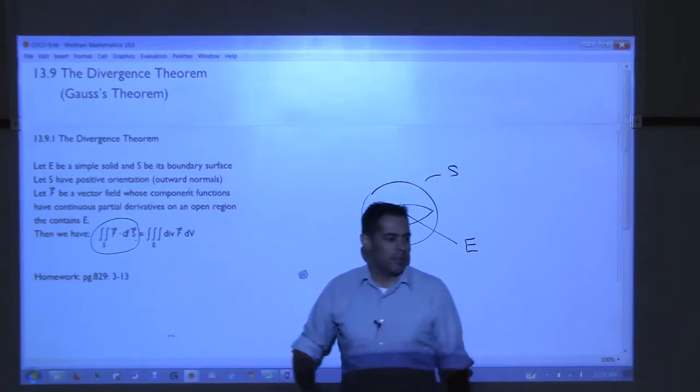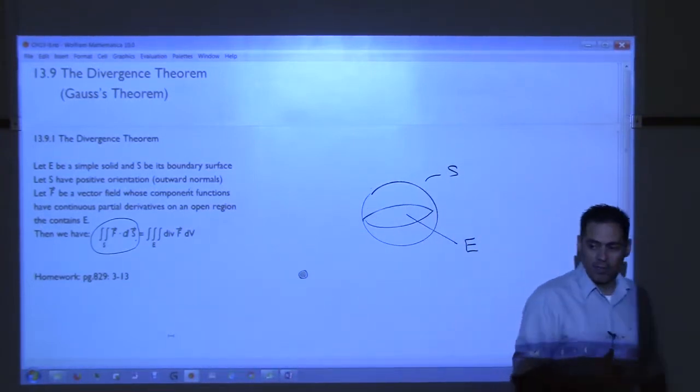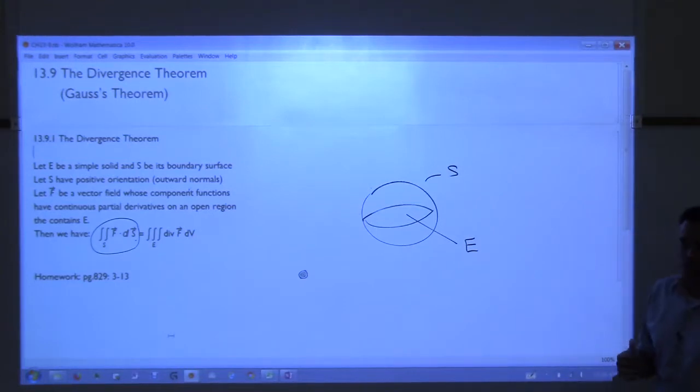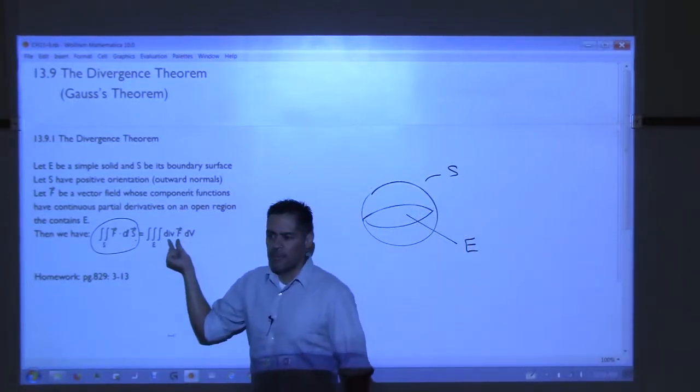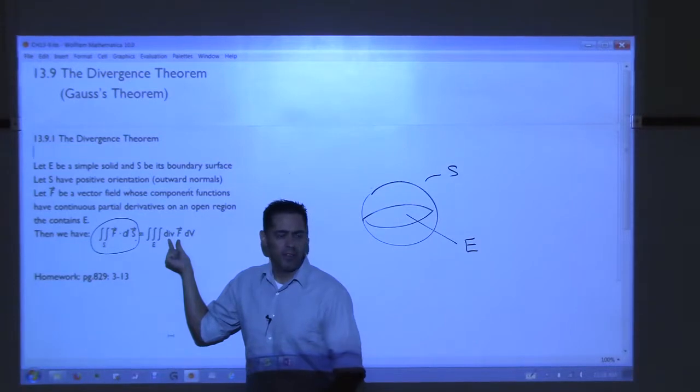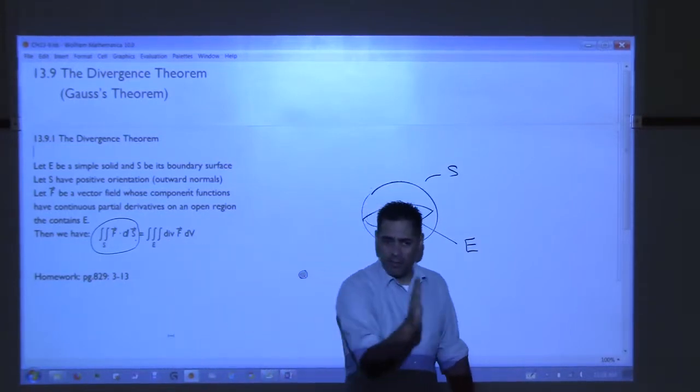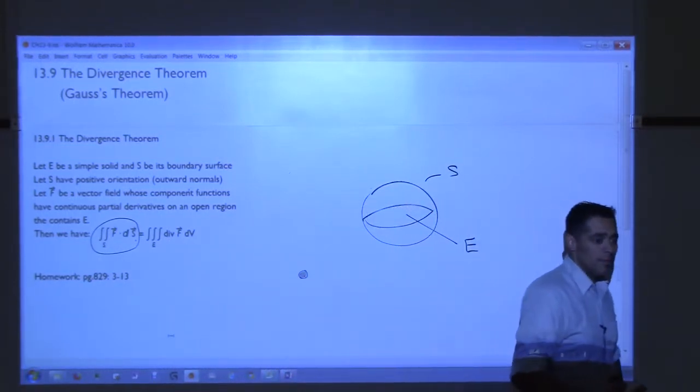So we're going to convert a flux integral into a standard scalar triple integral, because the div of F is not a vector. It is a scalar. So when we take the div of F, we get a scalar function, and we do a triple integral of it.